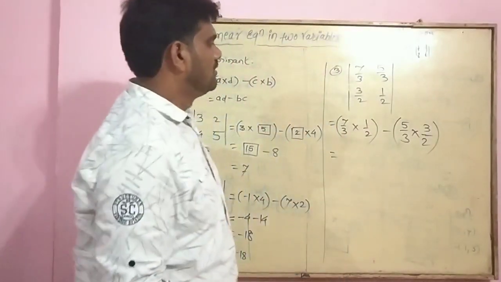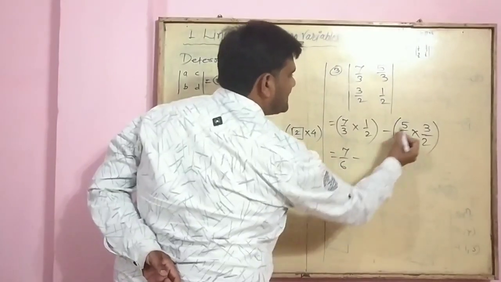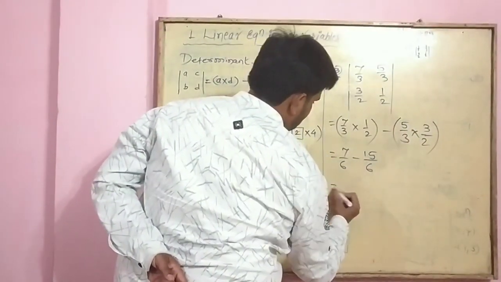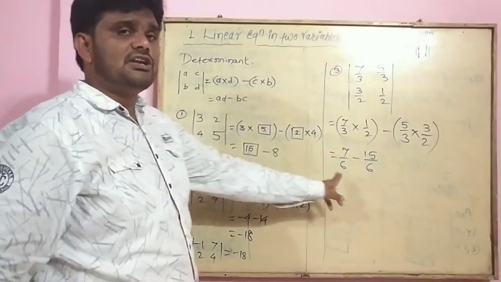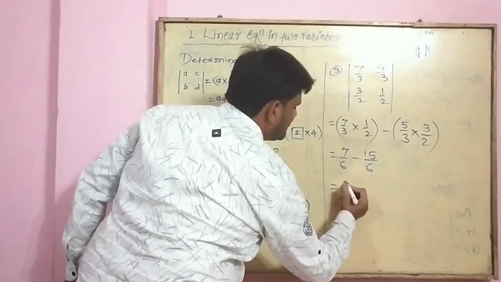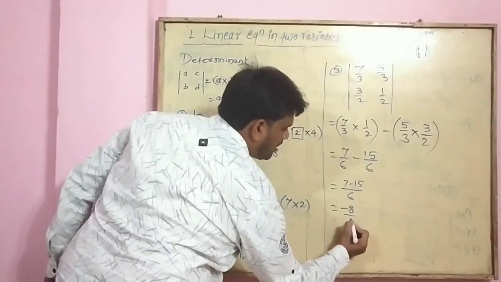that is equal to 7 into 1, 7, 3 2s are 6, minus 5 3s are 15, 3 2s are 6. You can see here the denominator is common, so 6, 7 minus 15, that is equal to minus 8 upon 6.